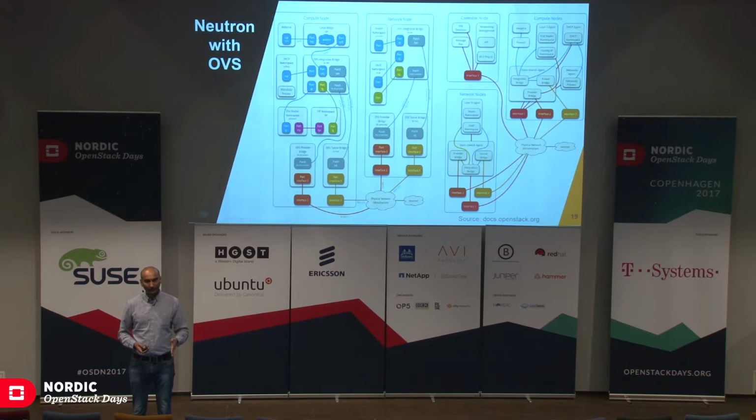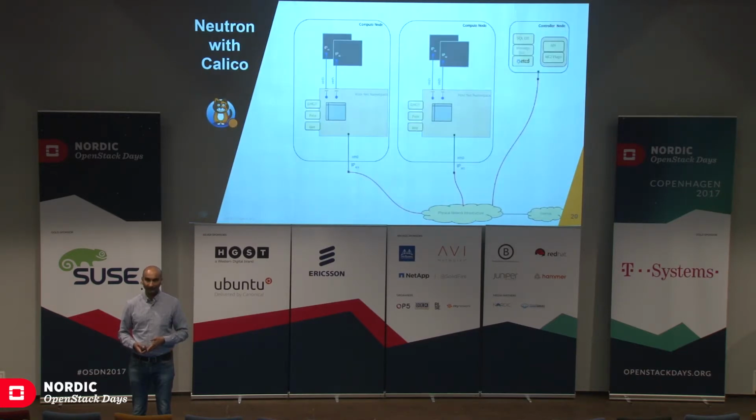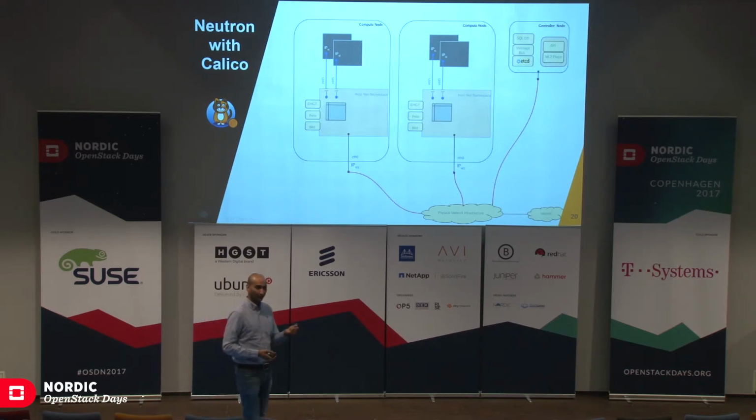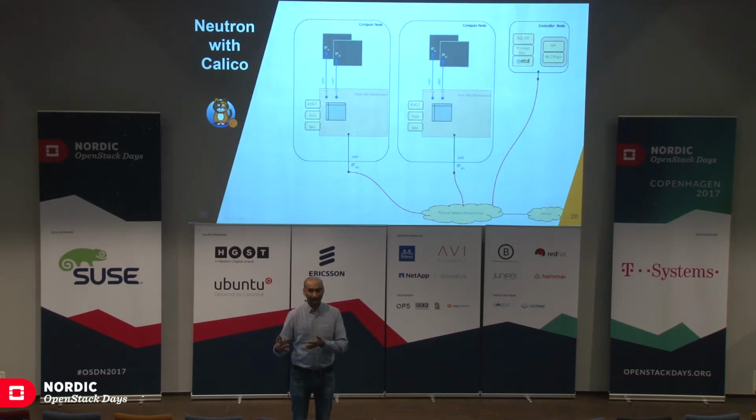Now take this Neutron with OVS picture. The corresponding picture for Neutron with Calico would be this. Every node's a router. Every VM obviously gets one or more IPs. We create IP routes in the Linux routing table and do normal forwarding, and then use policy. Actually, in the case of OpenStack, unfortunately, we cannot use full policy because OpenStack does not have a rich policy language like Kubernetes does.